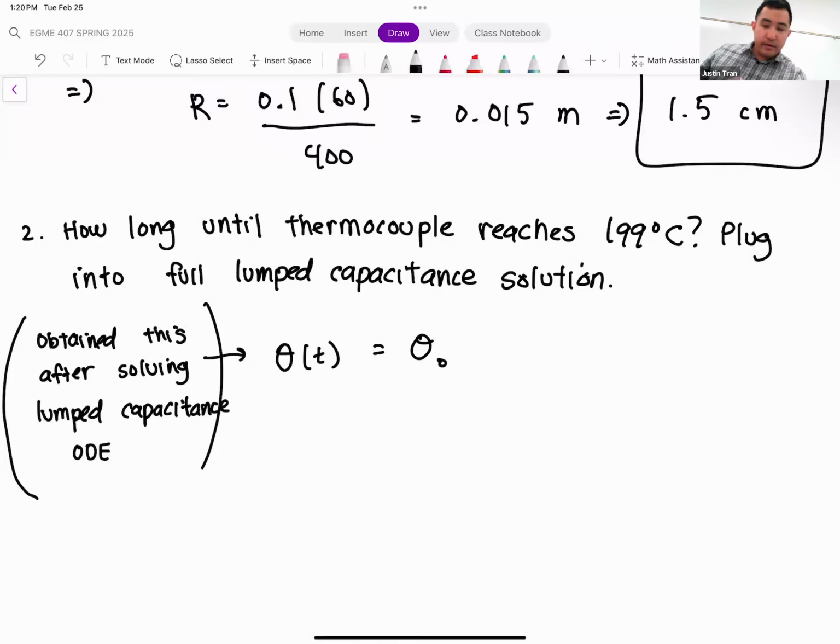Okay, so our solution looked like this: e raised to the minus hA_s over rho V C times t. Everything in this exponent we know.